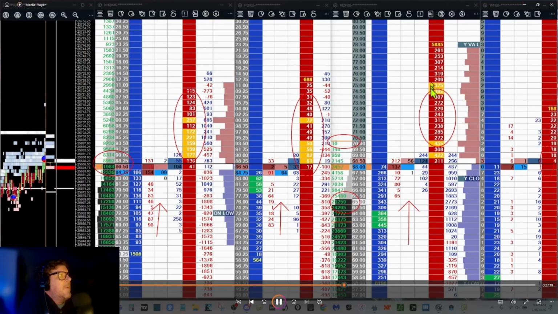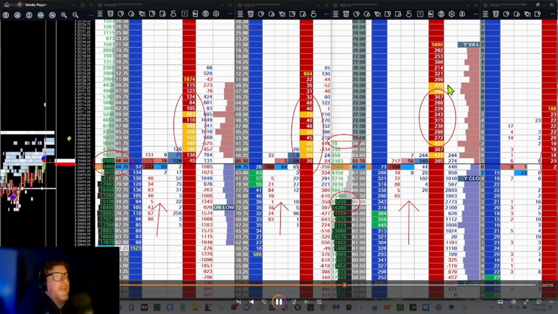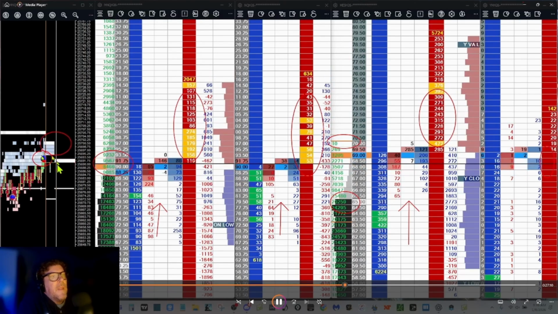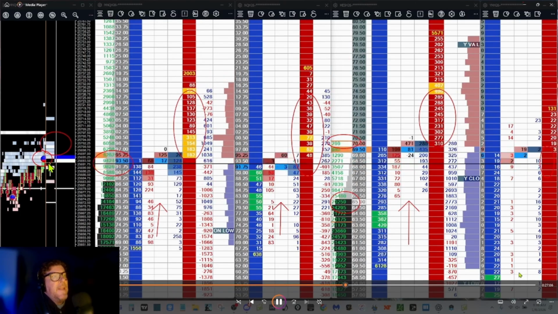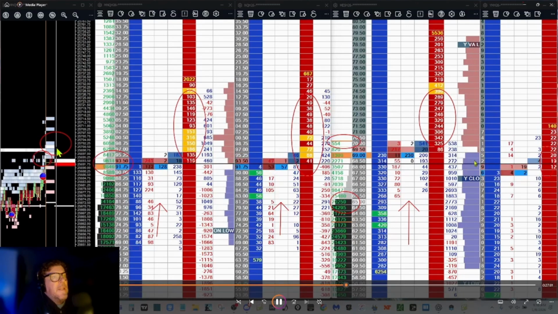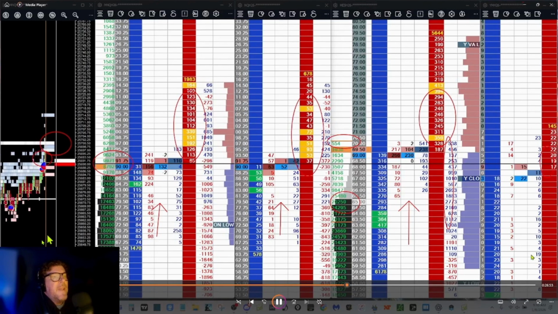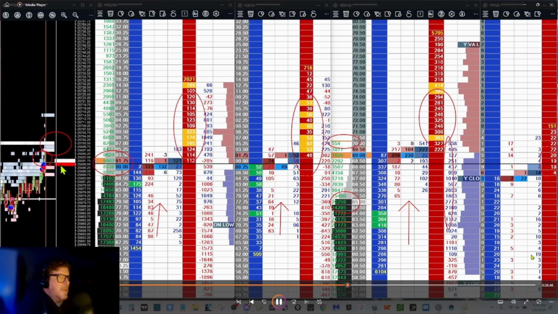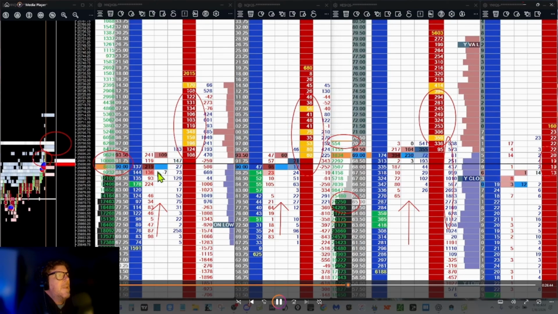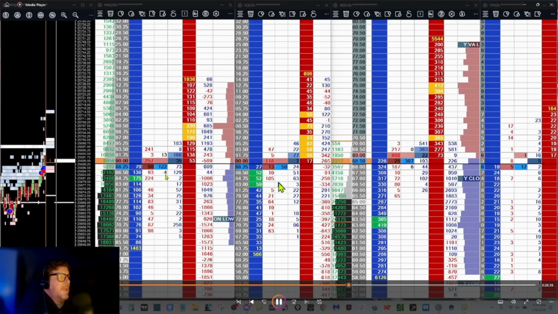There is some large liquidity on the micro ES. Notice there's this absorption happening. There's not a lot of liquidity coming in above. There's really nothing below. But we are getting this absorption. So I'm keeping my eye on these.